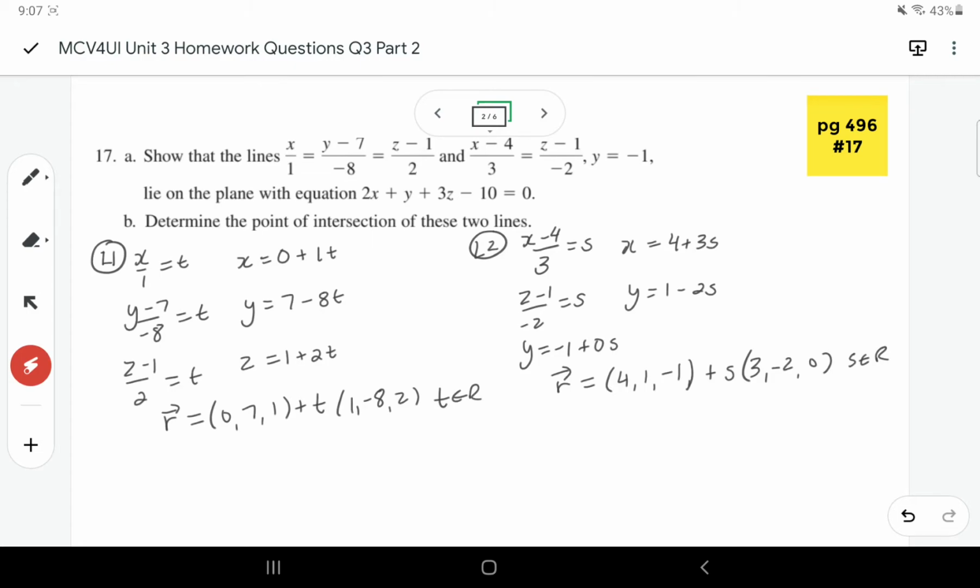The first thing, we know that all of the vectors that lie on the plane would be perpendicular to the normal vector.